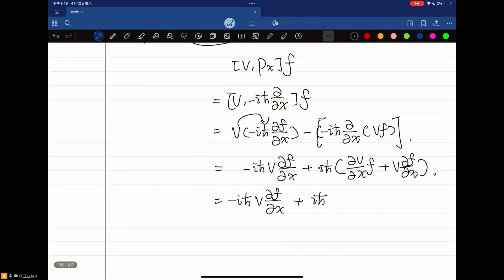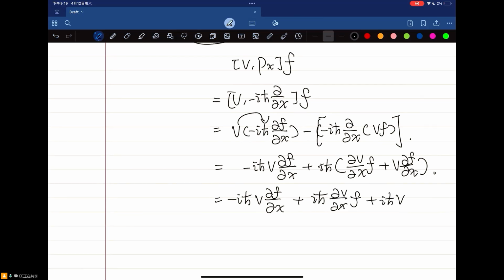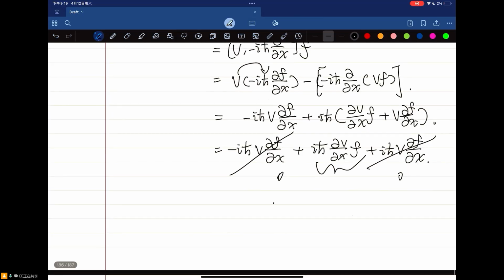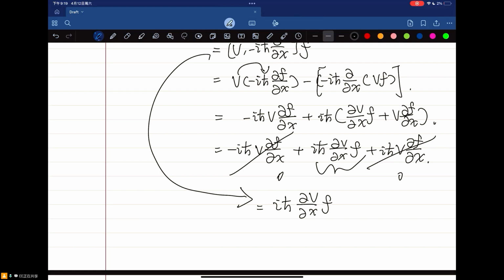Okay, there's a bug here. Okay, so these two things cancel, and then this is the only thing left. So i h bar del V del x f, and they're equal, and we can just remove the f.